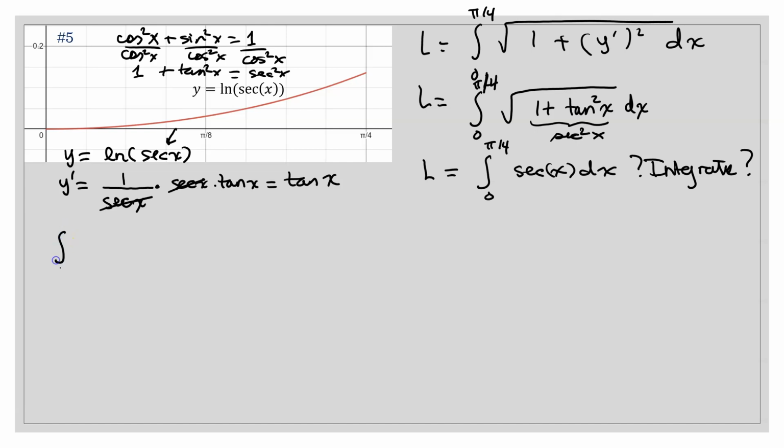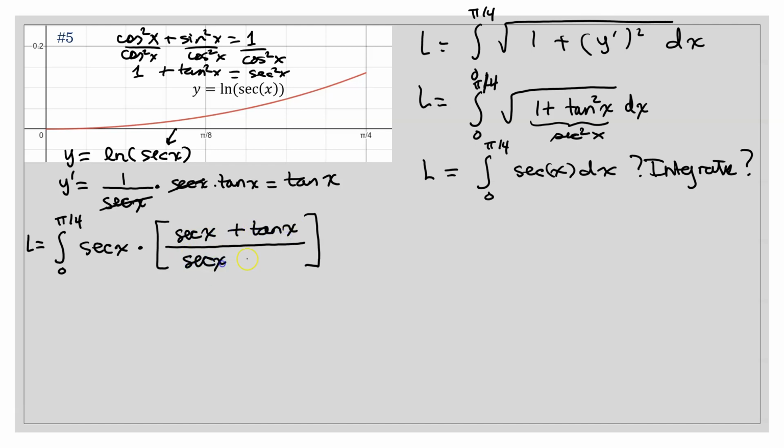The integral from 0 to pi over 4, which is the length of secant of x, I am going to multiply by 1. And my 1 here is going to be secant of x plus tangent of x divided by secant of x plus tangent of x dx.